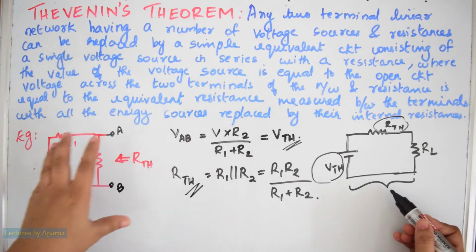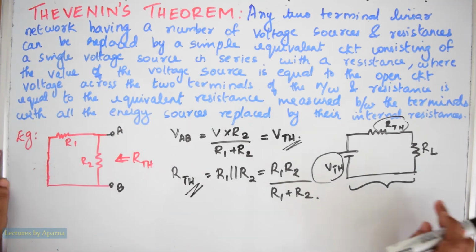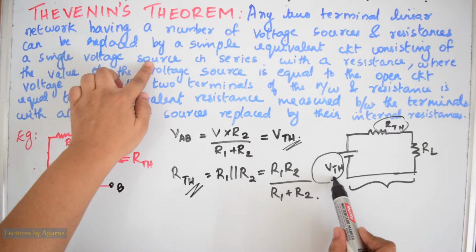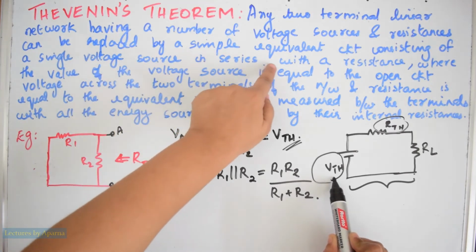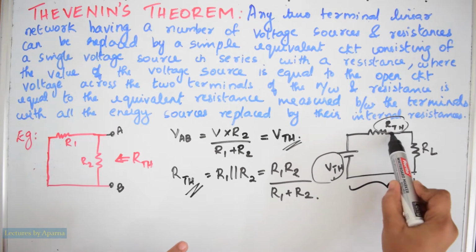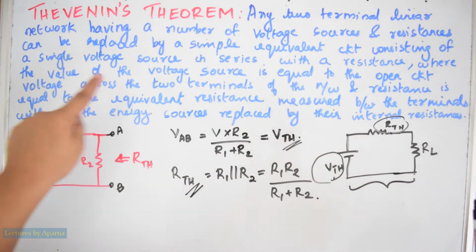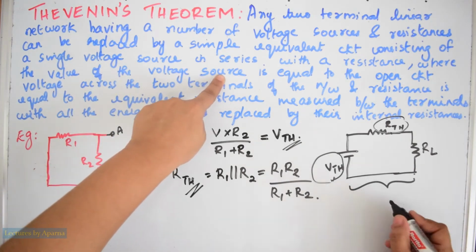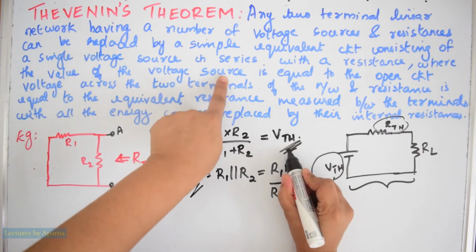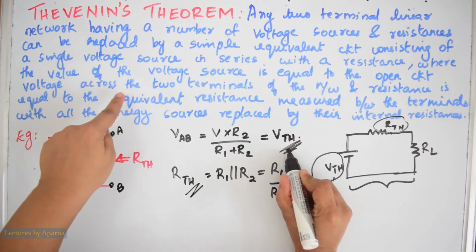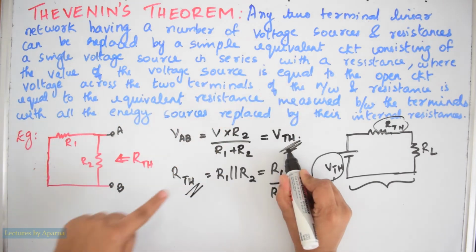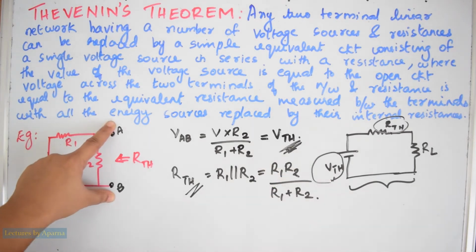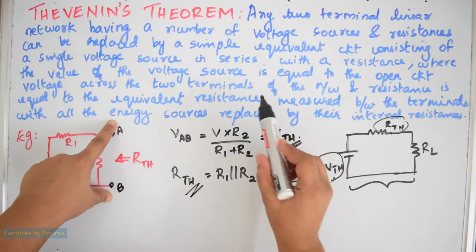Any big circuit can be replaced by a simple equivalent circuit like this, consisting of a single voltage source, that is VTH here, in series with a resistance, that is RTH here, where the value of this VTH is equal to the open circuit voltage across the two terminals of the network. So this VTH is the open circuit voltage across these two terminals of the network.